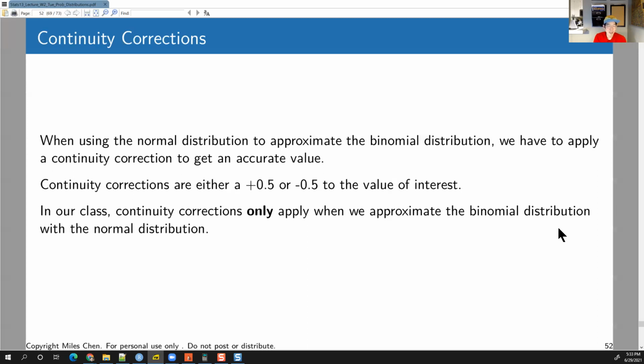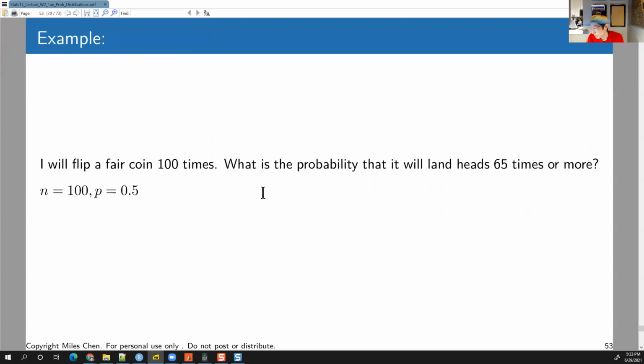It just leads to wrong answers. I will show you what the continuity correction is, but it applies only to the situation where we are approximating the binomial distribution with the normal distribution. So please don't make one of these mistakes. I always feel bad having to take off points there. We're going to do plus or minus 0.5, and I'll show you what it is.